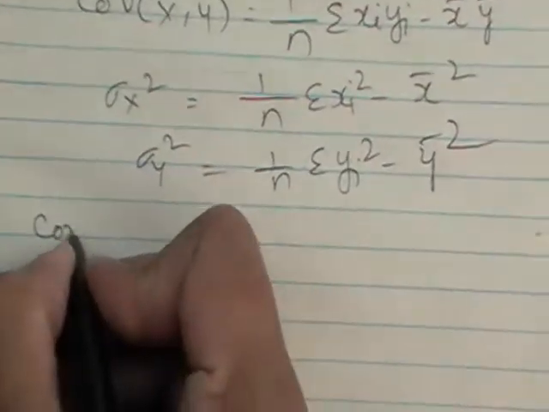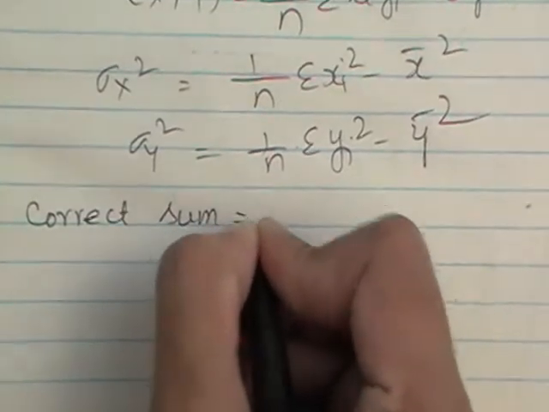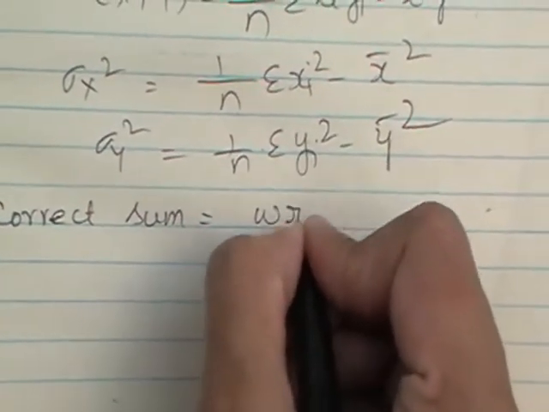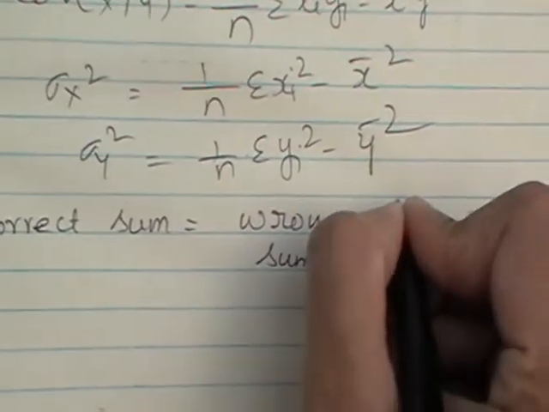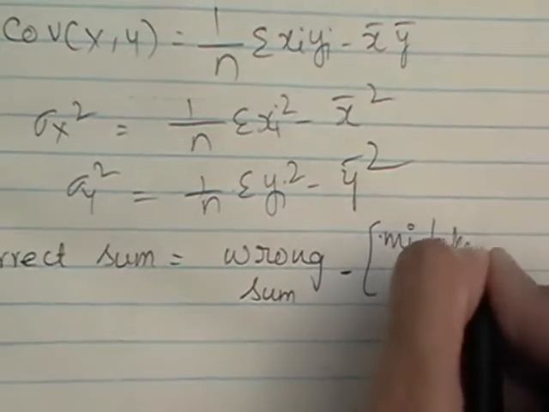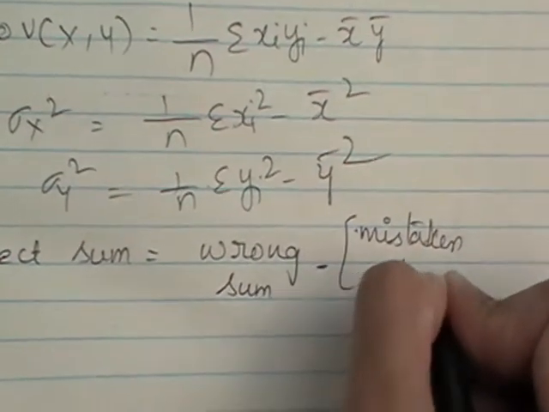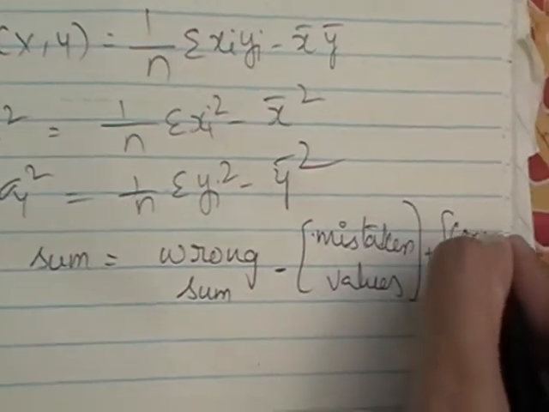Now these are wrong sums. You need to calculate the correct sum. Correct sum is equal to the wrong sum minus the mistaken, so you take out the mistaken totals, and you add the correct observations. Got it?